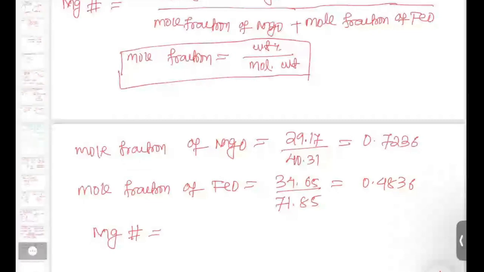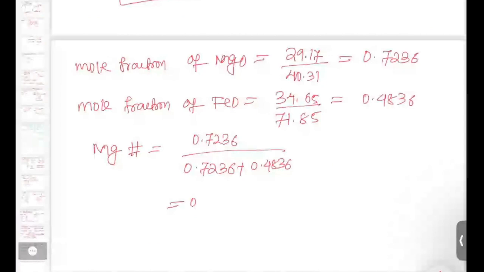So the magnesium number will be equal to 0.7236 by 0.7236 plus 0.4836. Can you please calculate what is this value? It should be equal to 0.7236 by 1.2072.